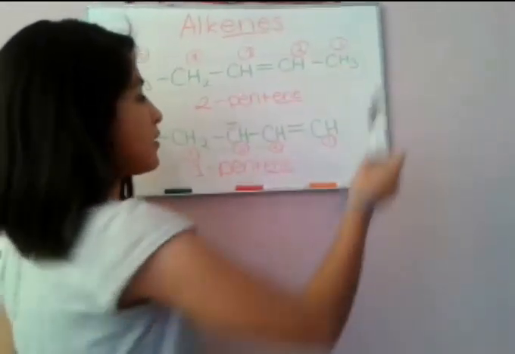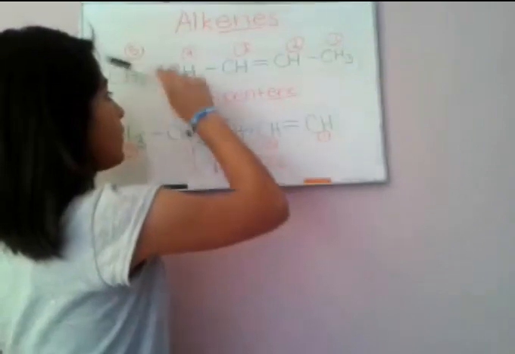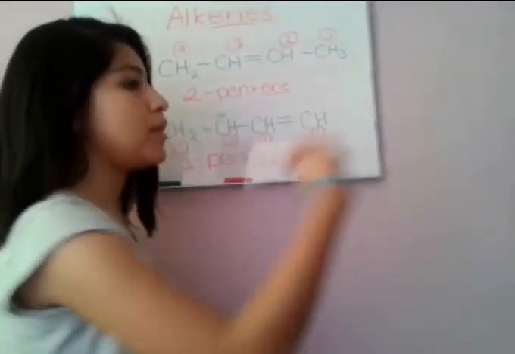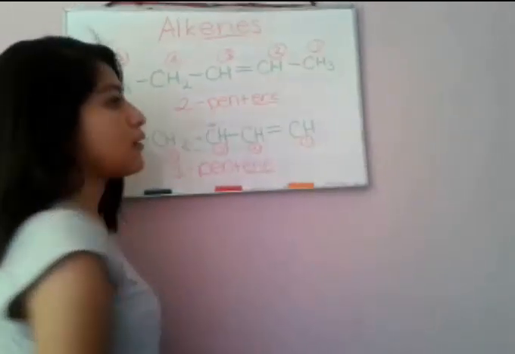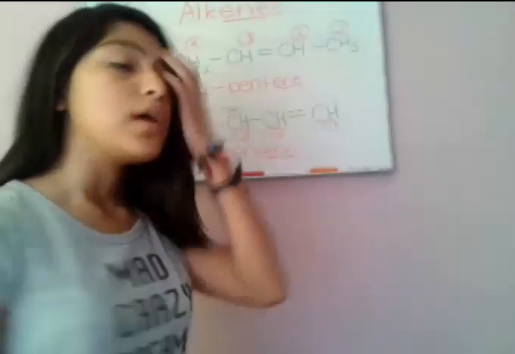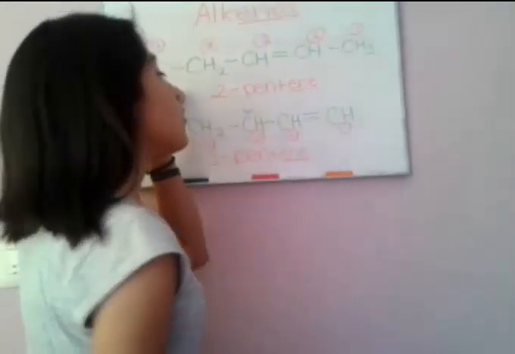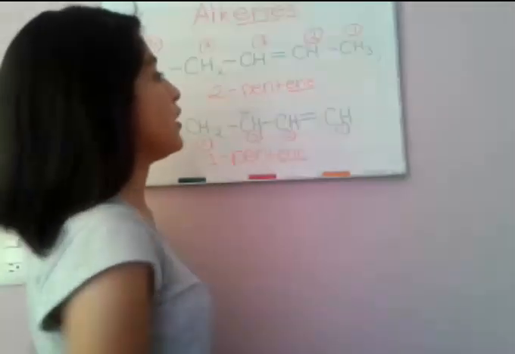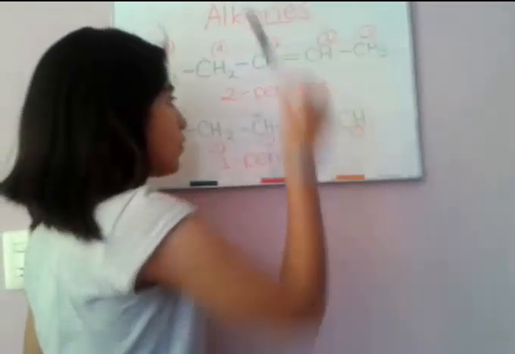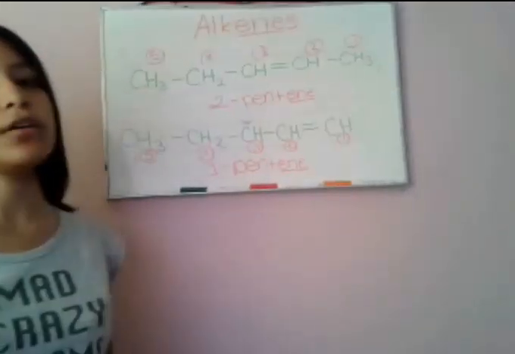The second step is to number the chain from the end nearest to the double bond. So to name this, we keep the location of the double bond. In this case, we have the double bond in the second carbon.